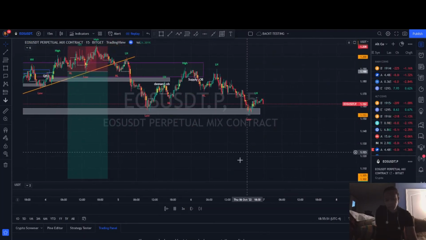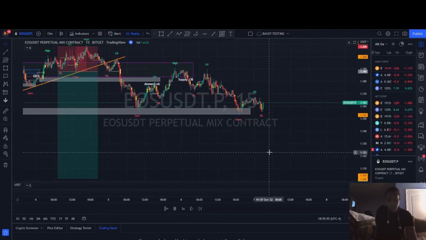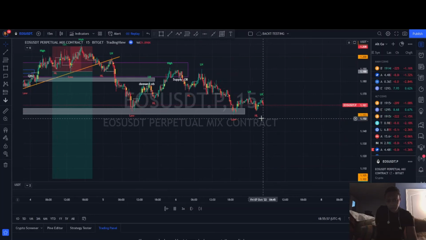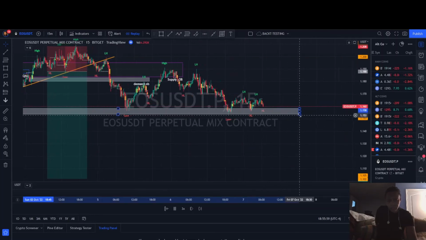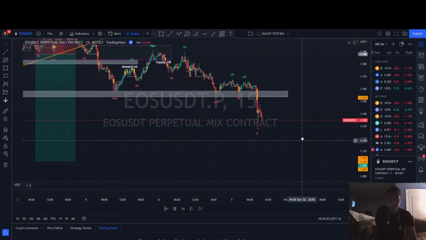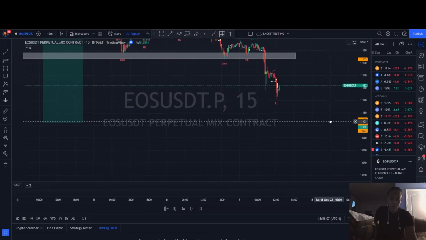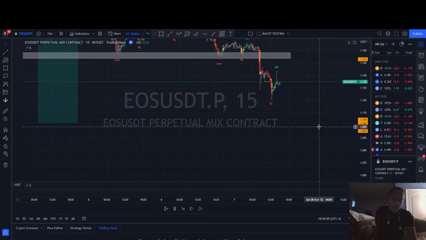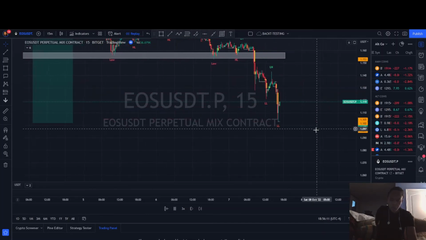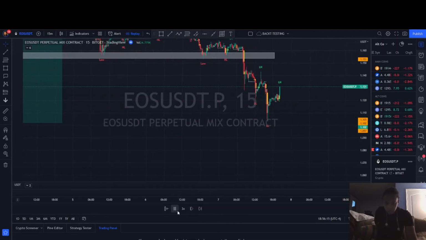So making some new lower highs. It's the equal lows area here. We're still in this, getting rejected off of this. Oh, now that's how you break through an SR flip zone. Wait, wait.